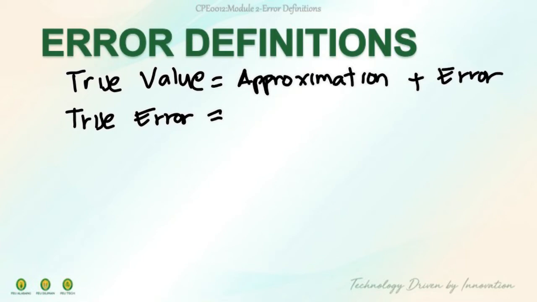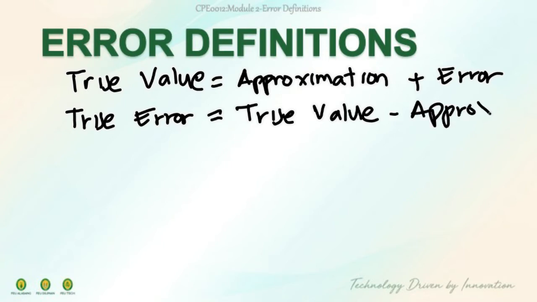And so this is the notion that we have of error. Then we can just rearrange these equations, and the true error is equal to the true value minus the approximation. And that's how we are going to define it.